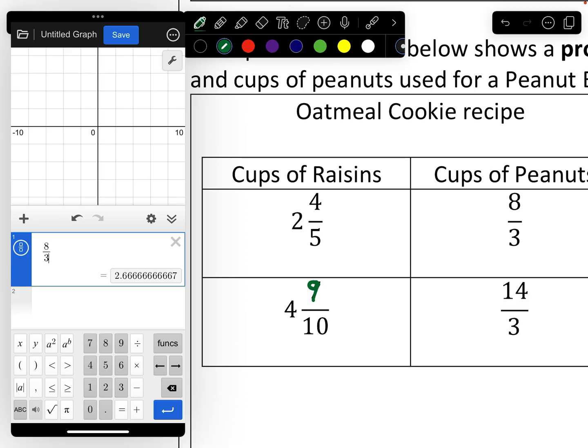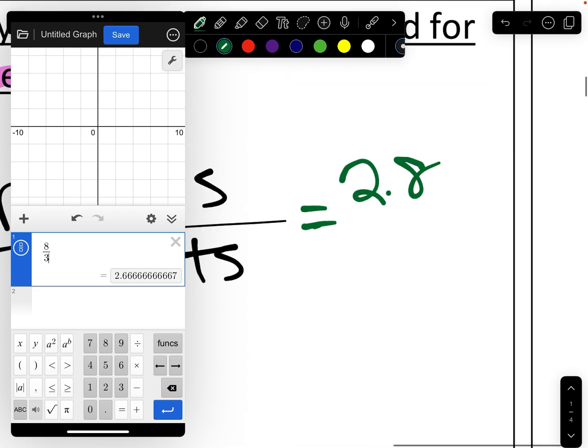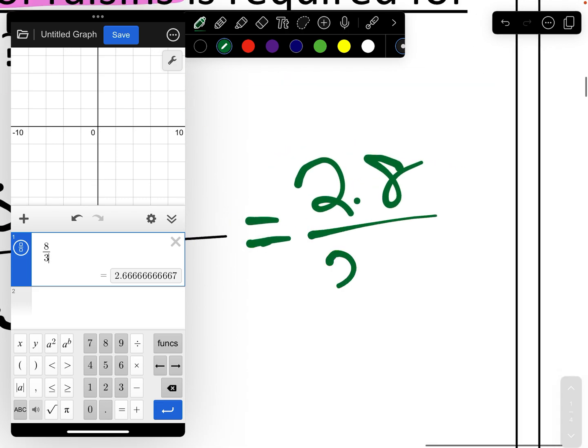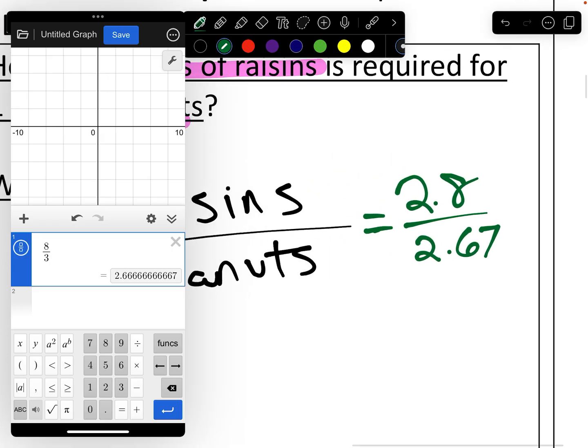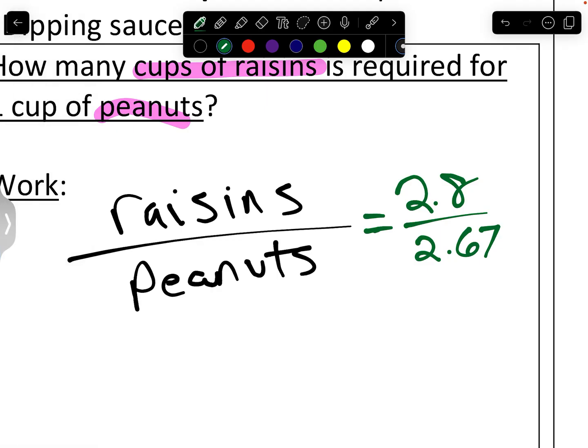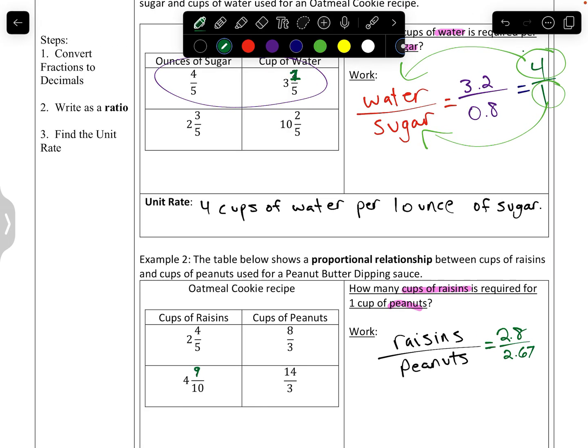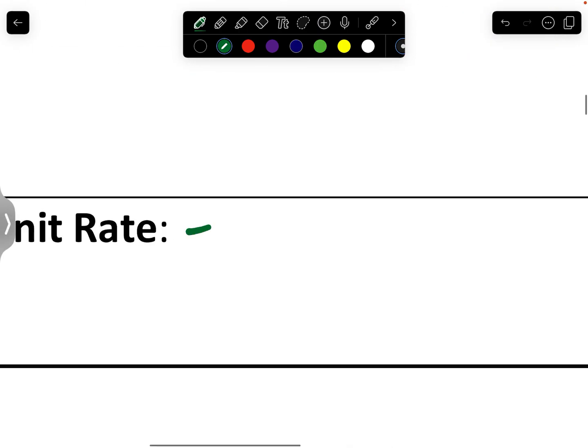Now, here's something that we're going to talk about here. I don't want to use all of those decimals, so we're going to round it. So instead of 2 point all those 6s, we can just put 2.67, your guys' favorite number. Now, the key word that we have to have here: on top we said there's 4 cups of water per 1 ounce of sugar. This one, we're going to start off with there is about.